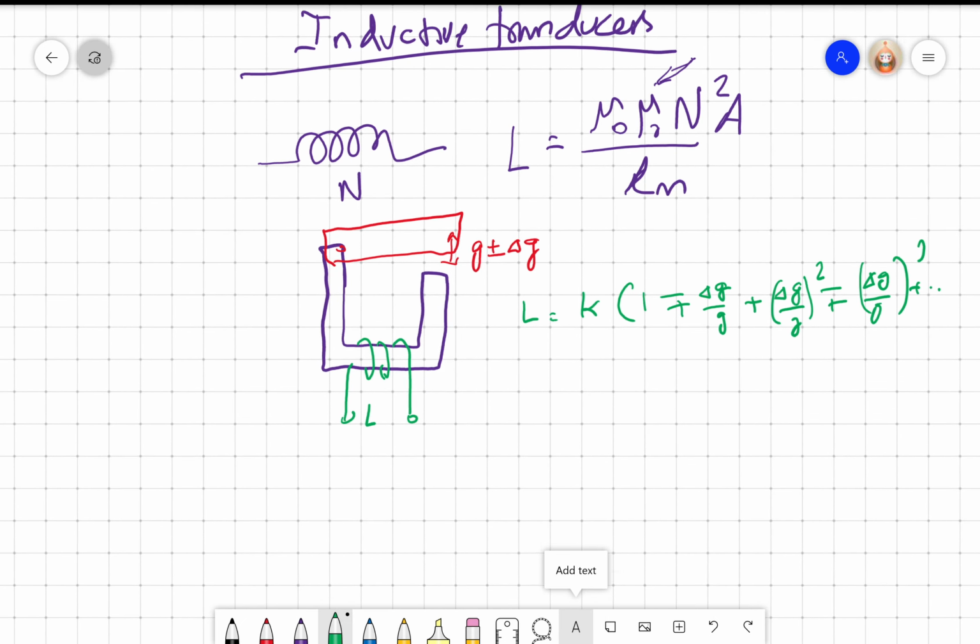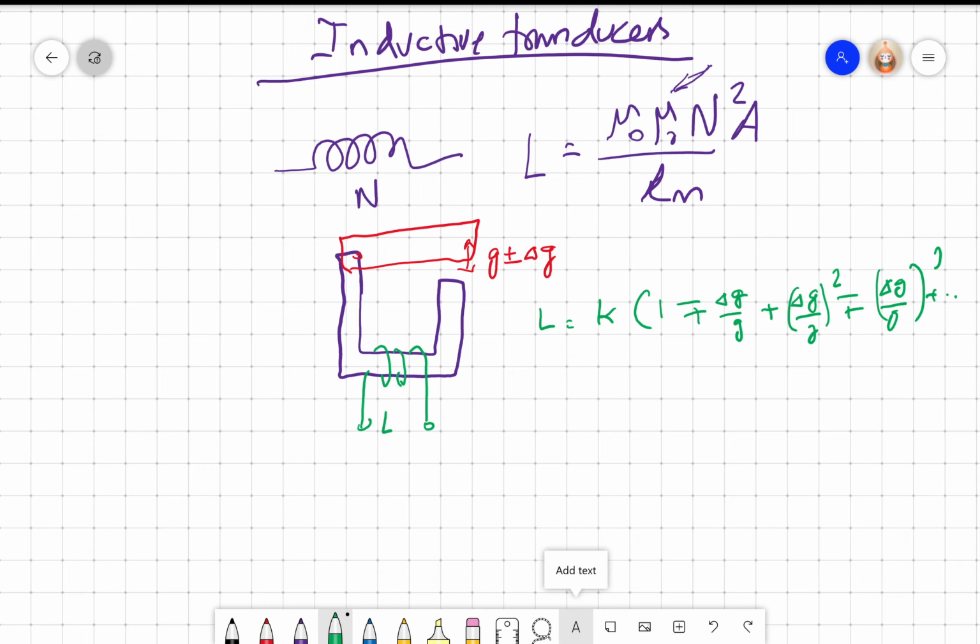So normally we never use this in that single fashion. What we do is we use the whole thing in the push-pull combination. So we put a complete arrangement like this.